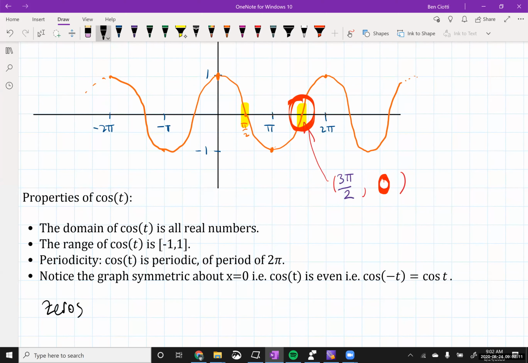I'm going to start trying to graph some transformed graphs of sine and cosine. Here's one of the neat things about this part of the lecture. Technically, all you need to do is remember what your transformation rules are. There's actually nothing new going on here once you know the graphs of sine and cosine.